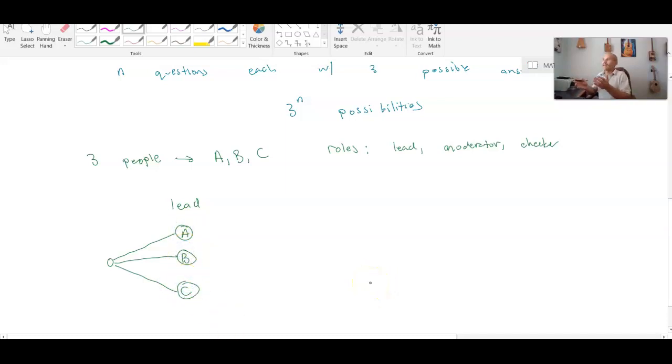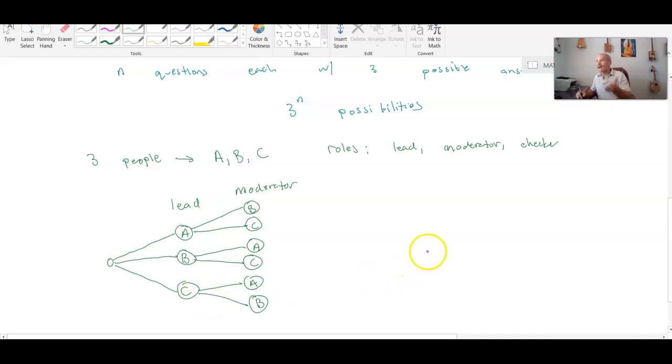Now, if A becomes the lead, then A can't be the moderator. The moderator is only to be one of the remaining individuals who hasn't been selected. So we'll call this column moderator. And if the lead is person A, then the moderator could be person B or person C. If the lead ends up being B, then the moderator is allowed to be assigned to person A or to person C. And similarly, if person C is the lead, then A or B could be the moderator.